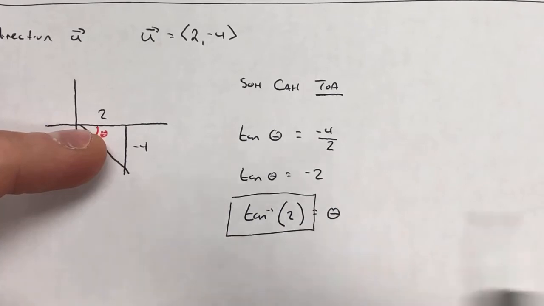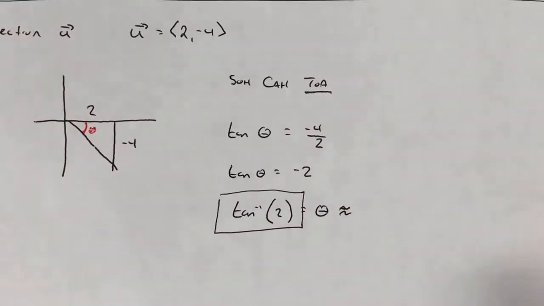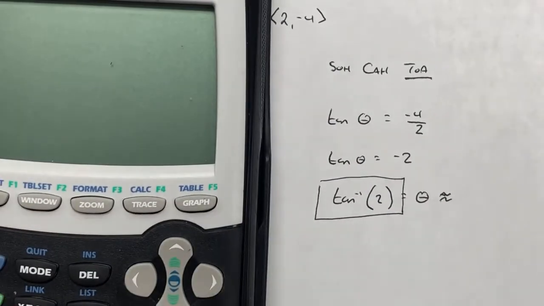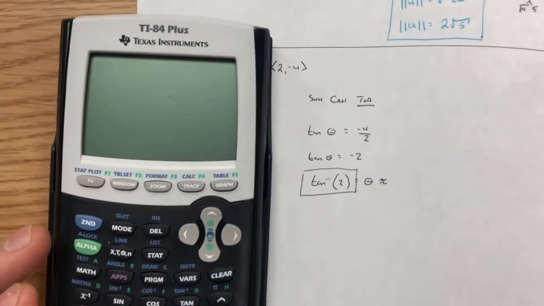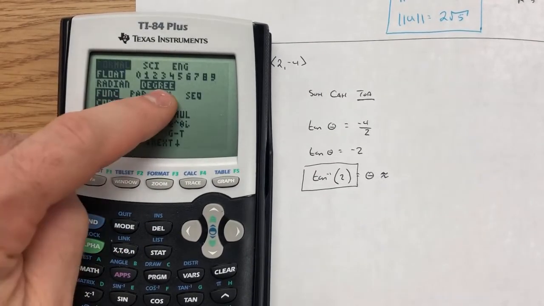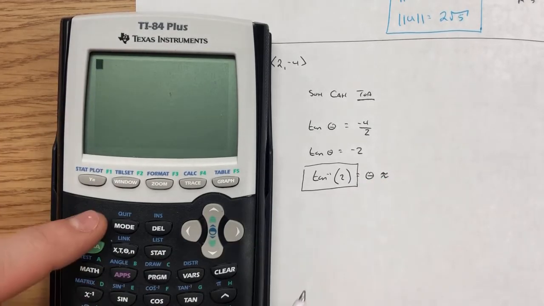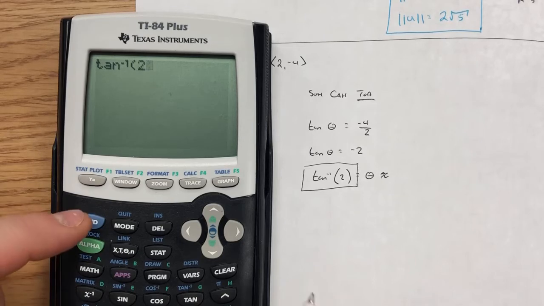However, if I want some sort of approximation, let's figure out what this will give us. Okay, so let's check our mode. Right now our mode is in degrees, so I'm going to put our angle in degrees. Okay, the inverse tangent of negative 2.